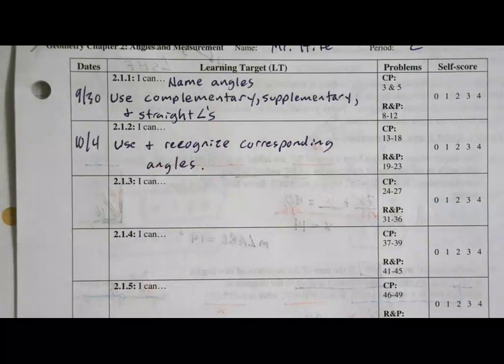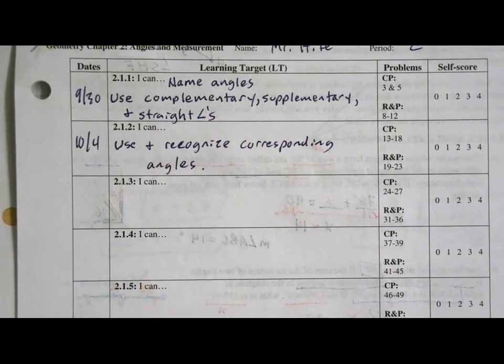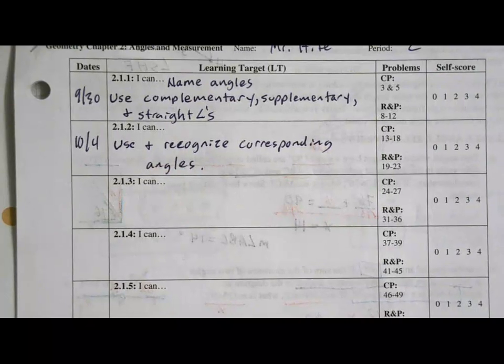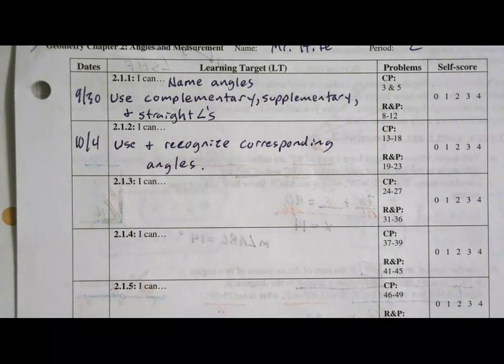We're also going to be practicing one of the things that we did last class, which is looking at a picture or diagram and determining what kind of equation we could write to learn more information about that.